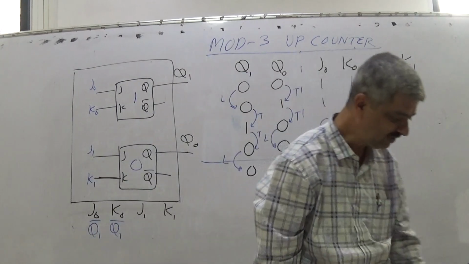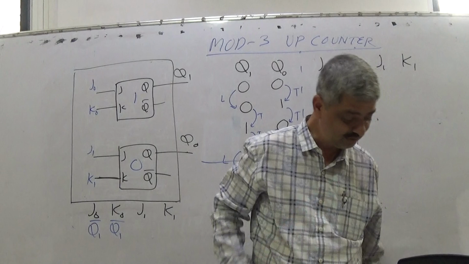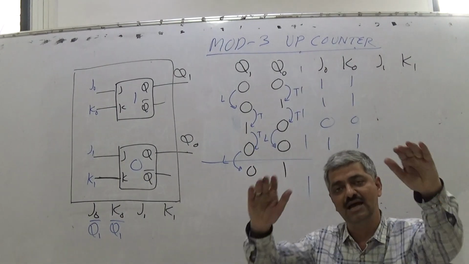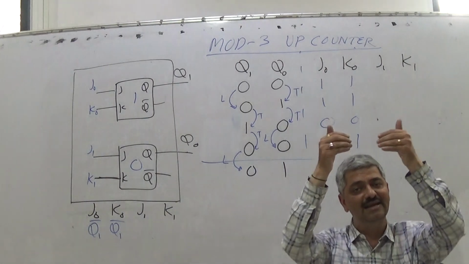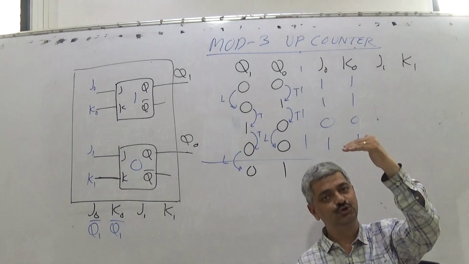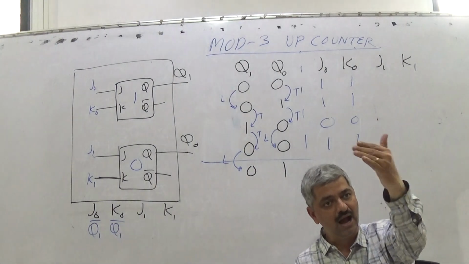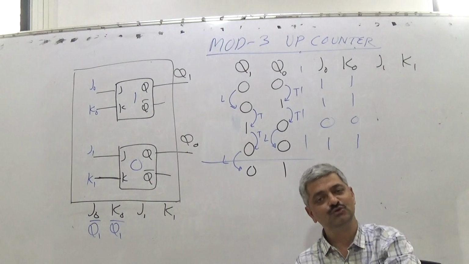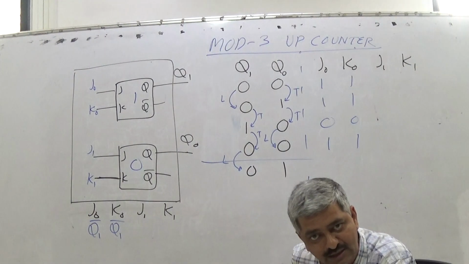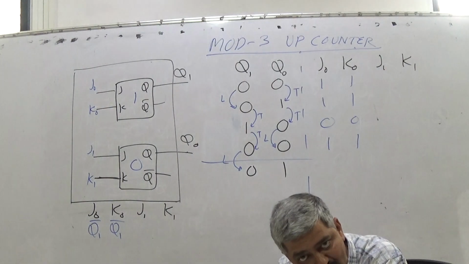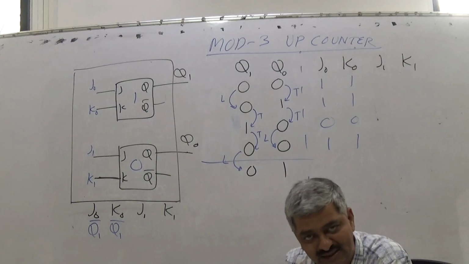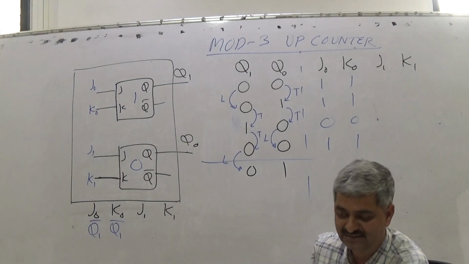So remember, what do we want to design? We want to design what should be J1 and K1. So how the flip-flop number 1 should determine its output after given state. So both Q0 and Q1 can play a role in deciding J0, K0 as well as J1, K1.